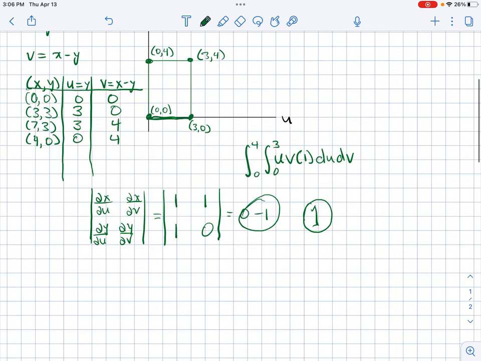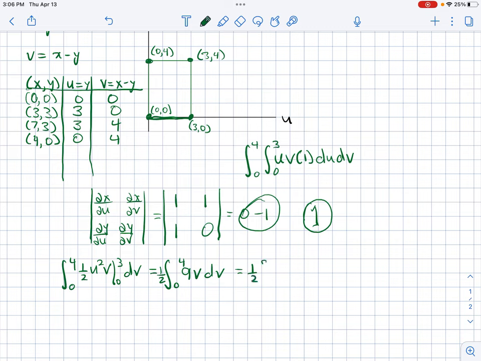So if we want to integrate this, here's what we've got. We've got 0 to 4. Now, I'm integrating with respect to u first, so this is 1/2 u squared v from 0 to 3 dv. Let me bring this 1/2 out front. And this is going to be 9v. Now I integrate again.